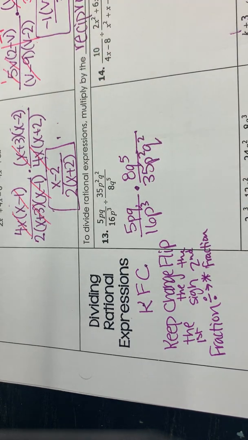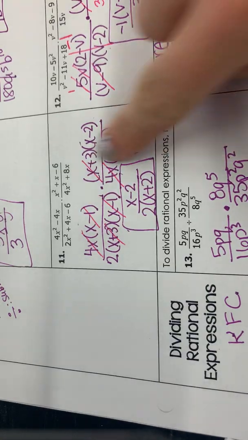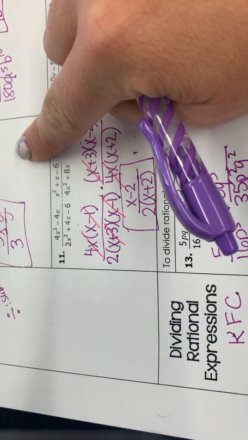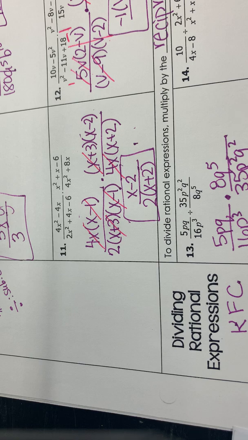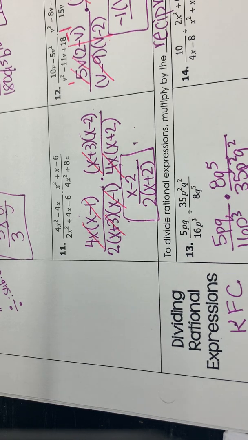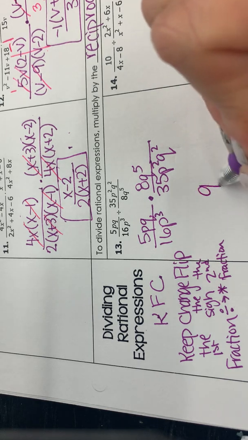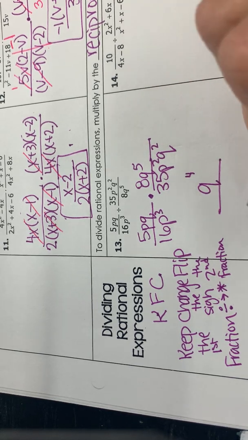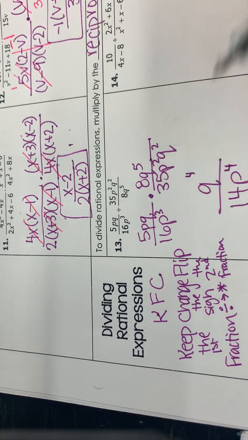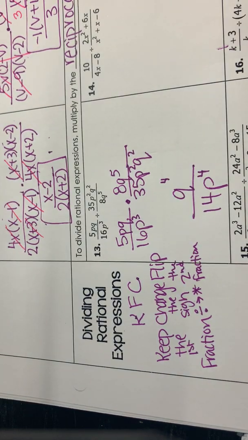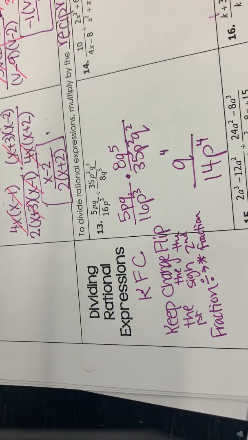Okay. Guys, this right here looks not just like number 9, but the same layout as number 9. Okay, we would go multiply straight across, and I'm just going to give you the answer. Because I know some of you in class, you would probably already be going through that. But that is what you should get. So go back and check.